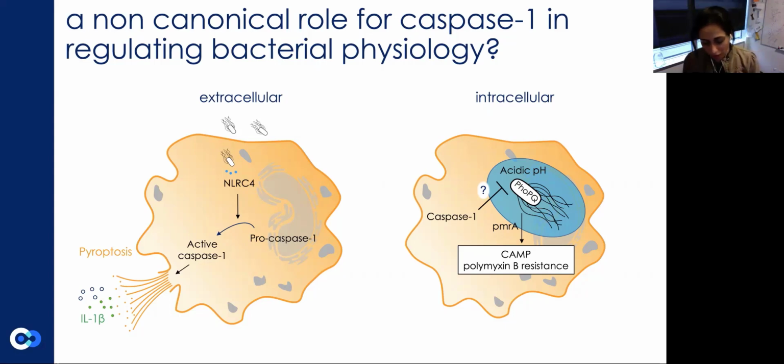So basically, pyroptosis is cell death that is dependent on caspase-1. Apoptosis also involves caspases, but it's dependent on other caspases, such as caspase-3 and caspase-9. The lines between pyroptosis and apoptosis are rapidly blurring, at least in the context of Salmonella infection.